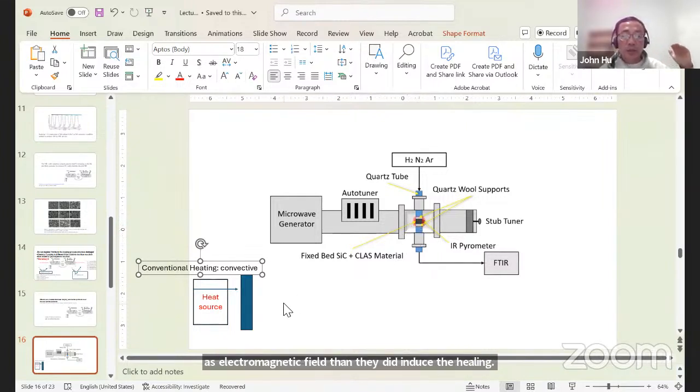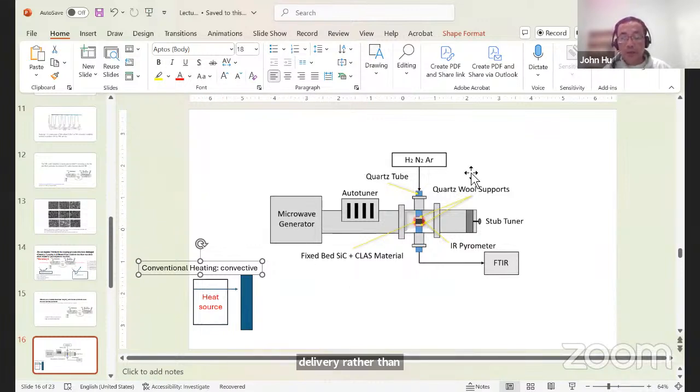It's not really convective heating. Convective heating means you heat from the external to the internal. Microwave heating is from inside out, so heat transfers from inside to the outside, because it's field delivery rather than convective heating.